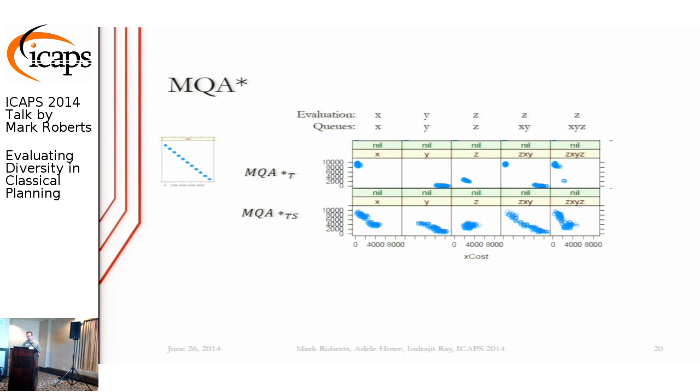The top row is showing when just multi-queue is turned on without parsimony, and it just has the taboo turned on. You can see that solutions tend to clump in one region of the solution space versus the other. And if we turn on that parsimony queue, then we actually do drive some diversity across it.